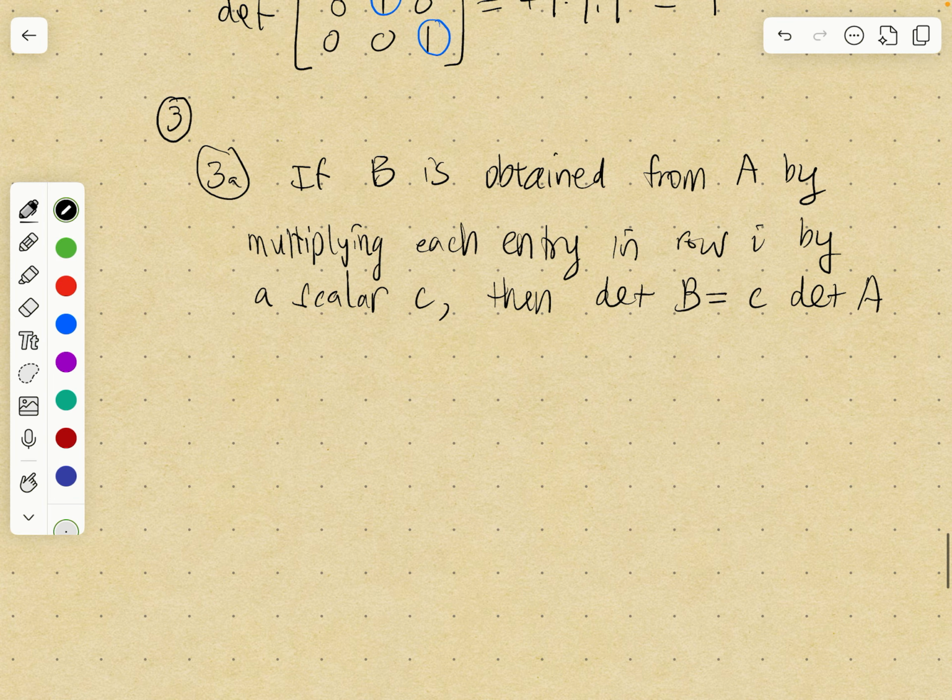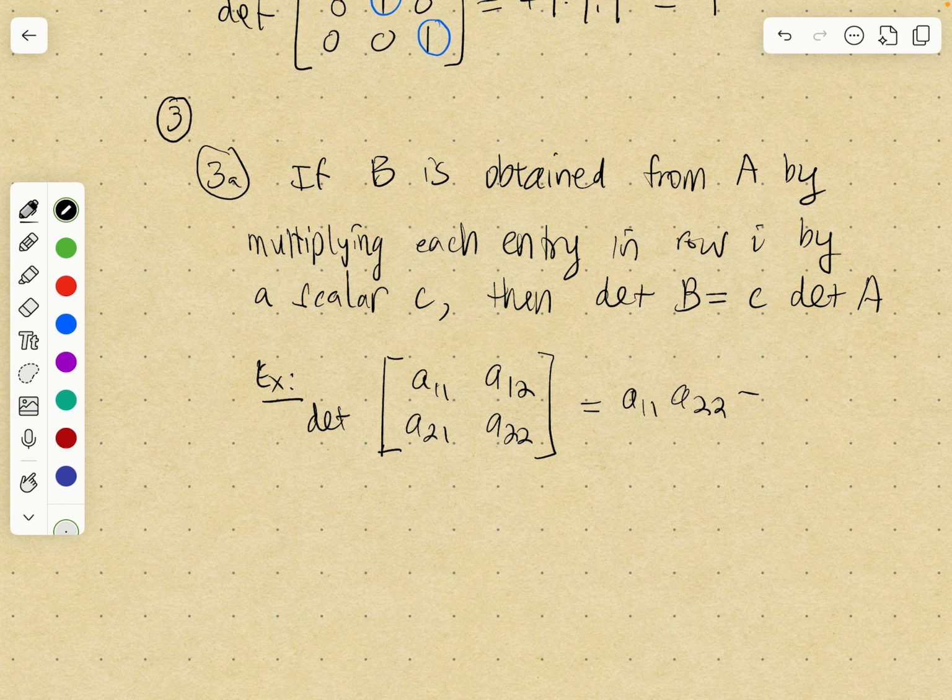So let's just do an example. If you take this matrix A11, A12, A21, A22, the determinant of this is A11, A22 minus A12, A21.